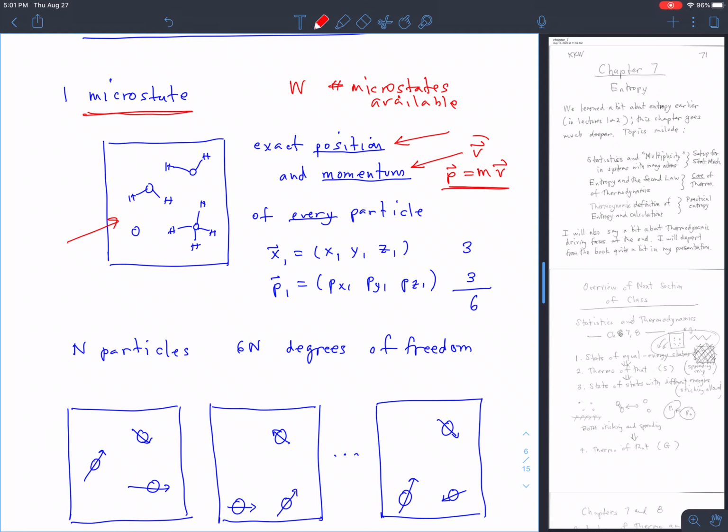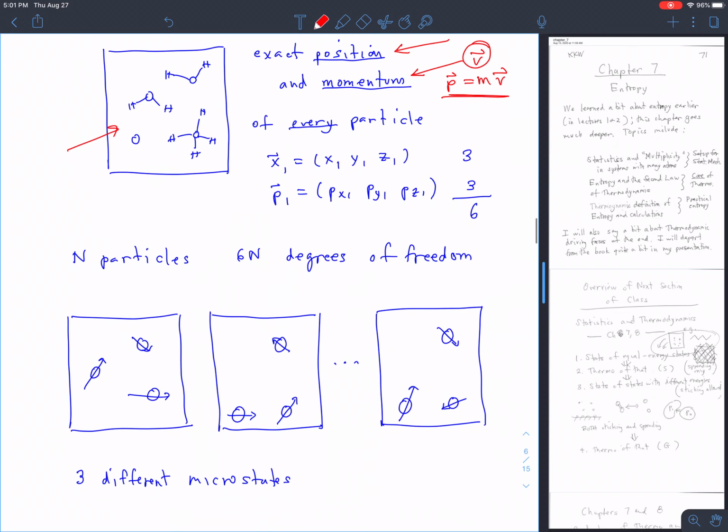So if it's easier to think about the velocity, then that's a good way to do it. Every position requires 3 coordinates, right? X, Y, and Z positions in space. Every momentum requires three numbers also, a component of momentum along the x direction, one along the y direction, and one along the z direction.